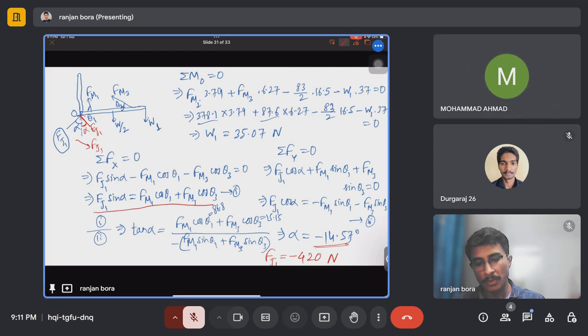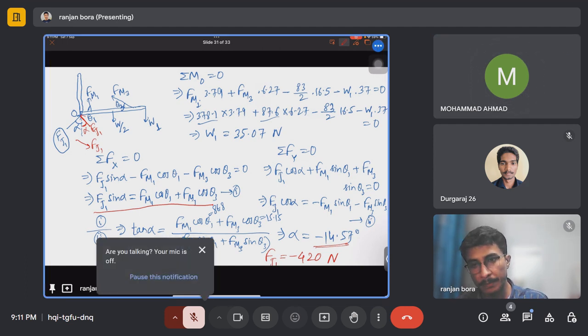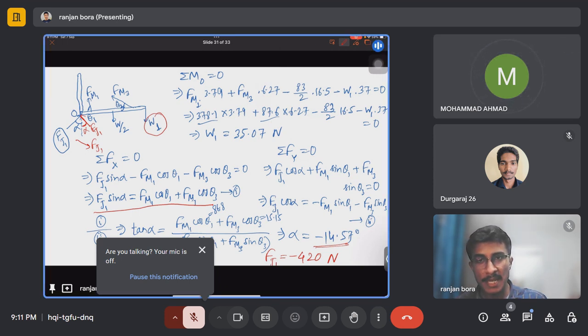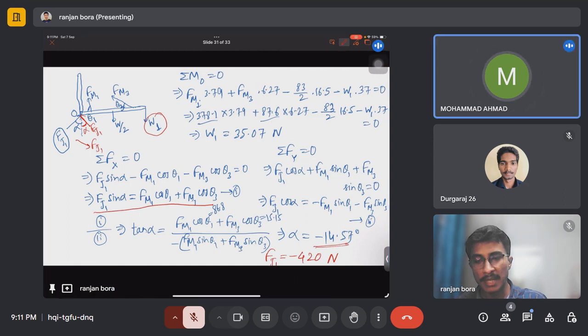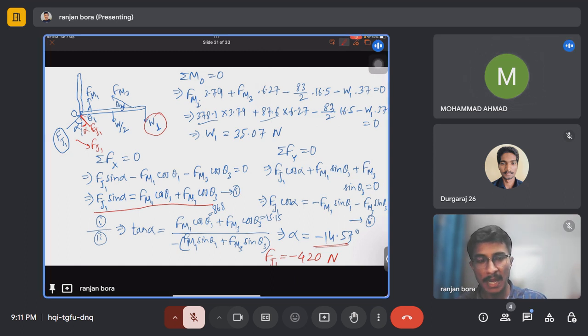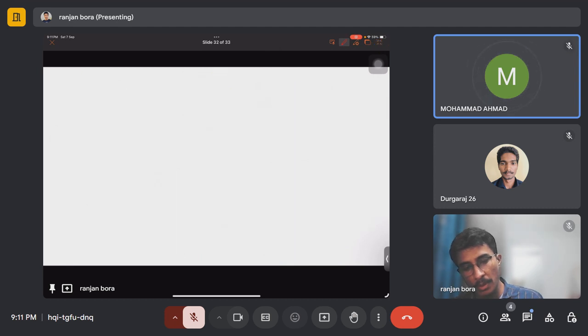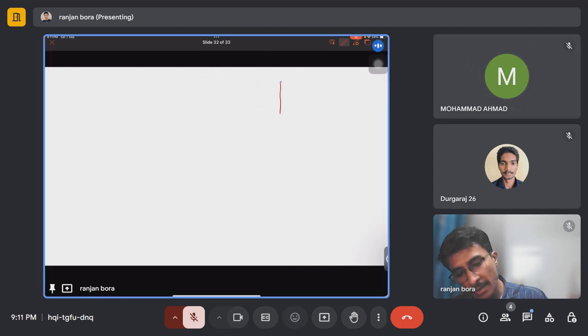Okay. So we have found out this W1, the load carried by the radius bone. So we can find out the load carried by the ulna bone. If we now draw the free body diagram of the radio-ulnar joint, this is the ulna, and in the ulna there is one muscle only.